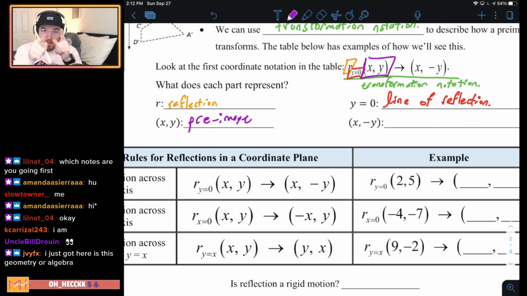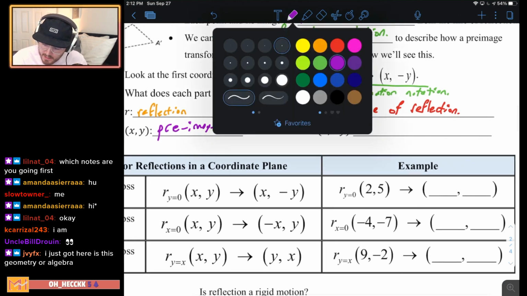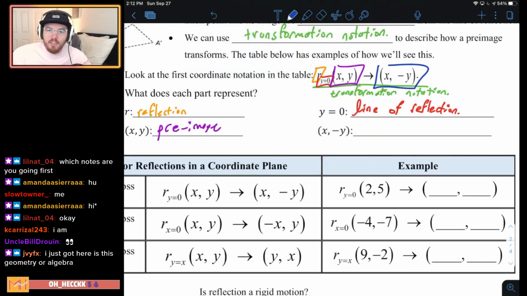I'm telling you, hey student, reflect this point over this line. That's what that is. It's like a command. It's directions. It's an objective that says reflect this point over this line. And what is this right here? The answer is the image. Okay?